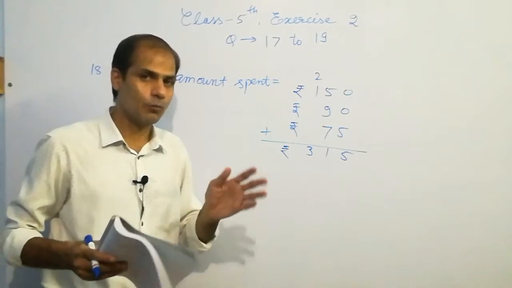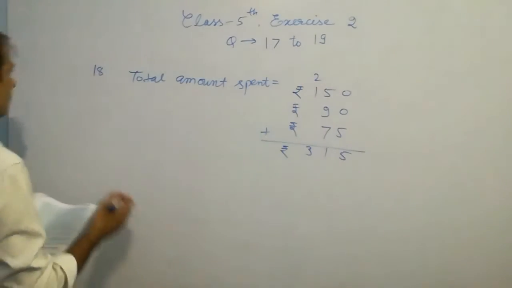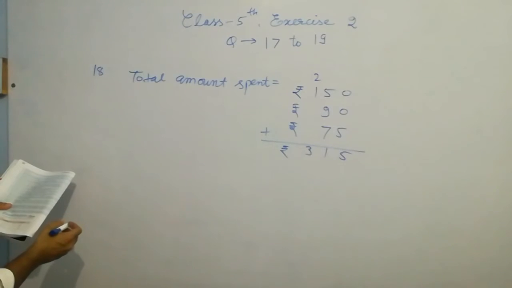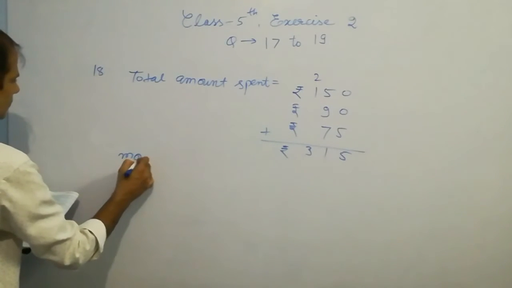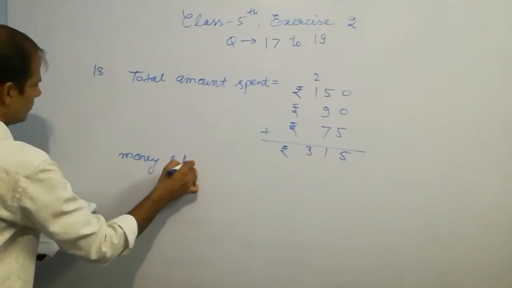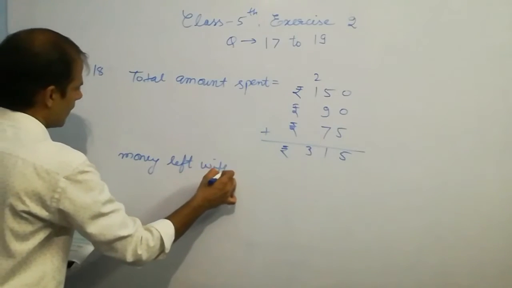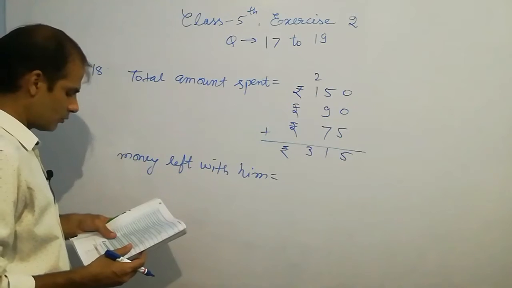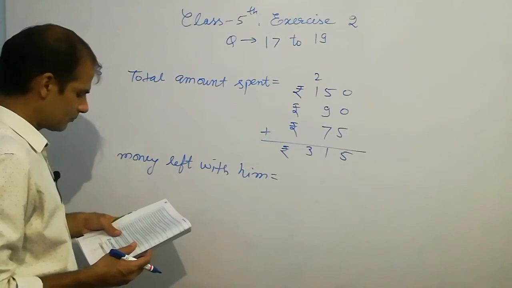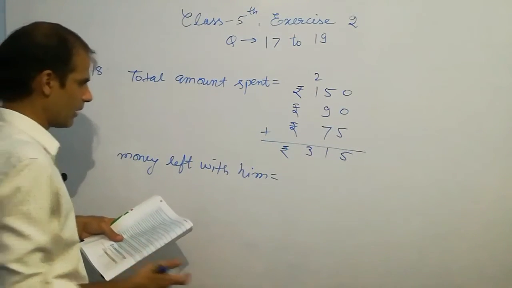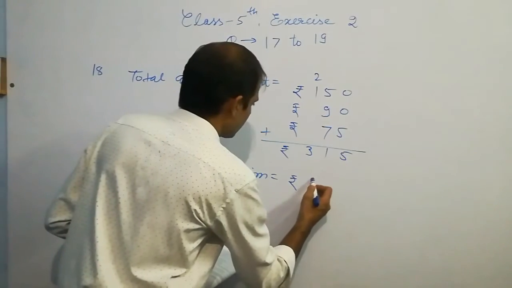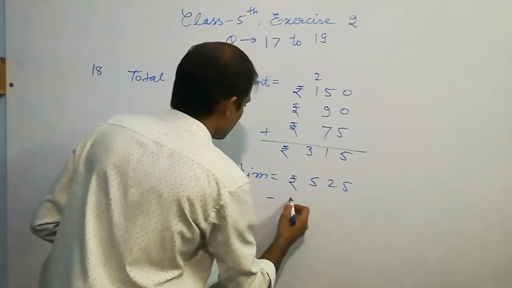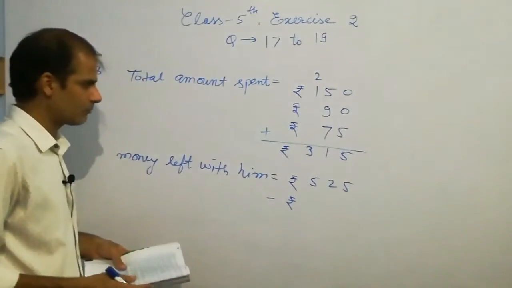how much amount, how many rupees will be left. So we will perform subtraction and money left with him equals, now the total amount he had was rupees 525. So we write rupees 525 and perform the subtraction.